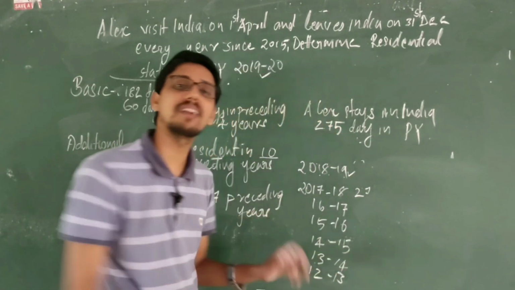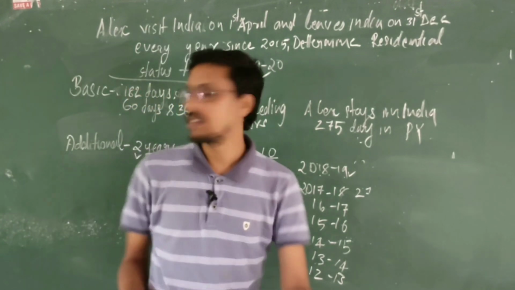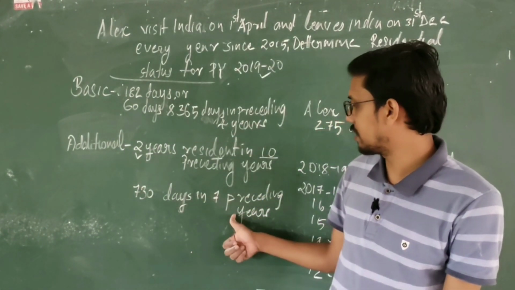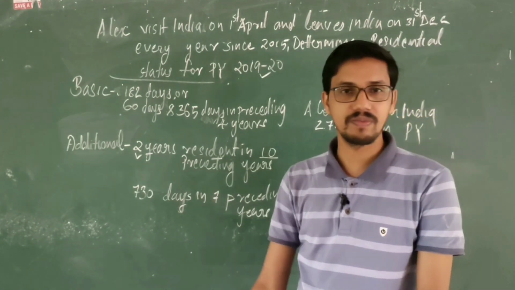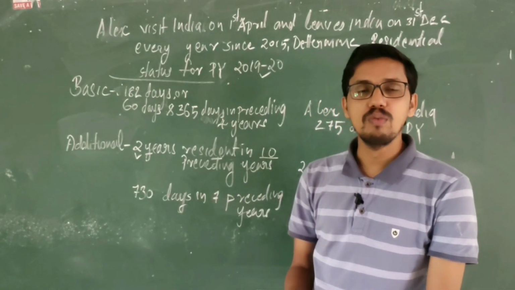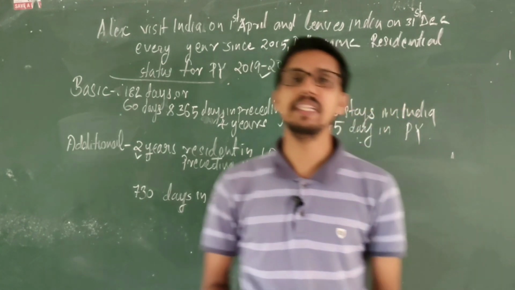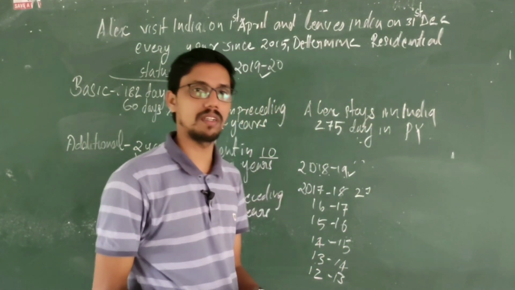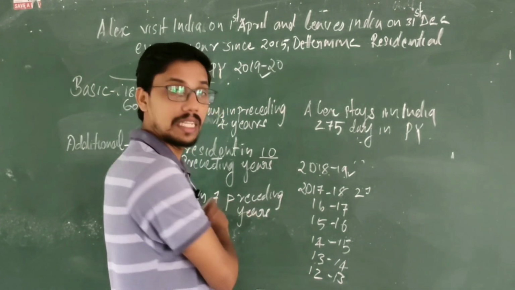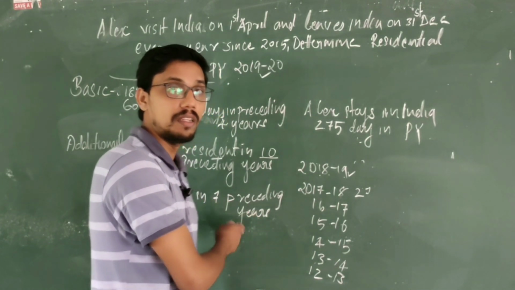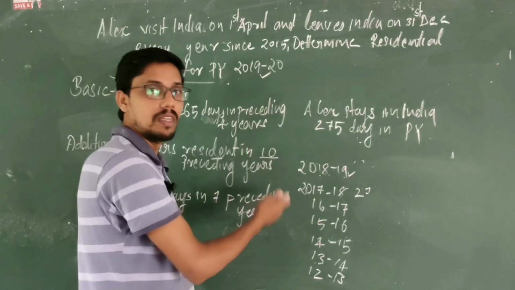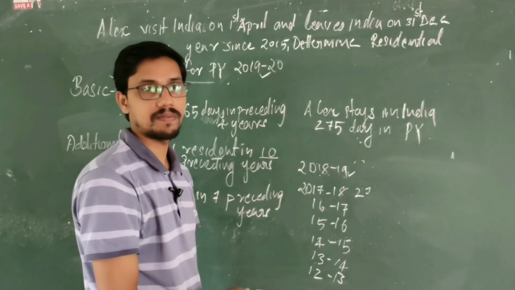We can check the second condition also. What is that? The second condition means he shall stay in India for 730 days in the preceding 7 years. We can check whether he stays in India for 730 days or not, in the preceding 7 years, not in the relevant previous year, but in the preceding 7 years.